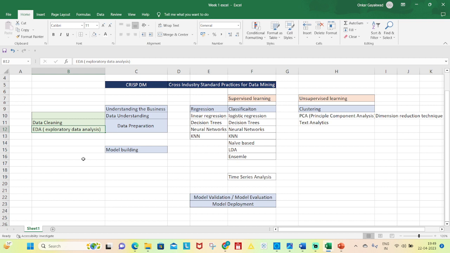So you want to know if a particular age customer is actually defaulting. You might want to know if a particular designation customer is defaulting, or maybe you want to analyze if a customer with a particular credit score is defaulting, right? So you do all these steps in exploratory data analysis.